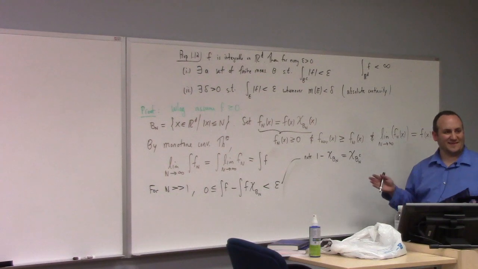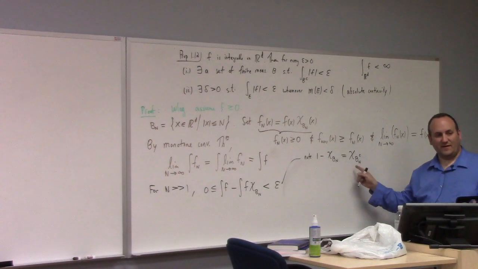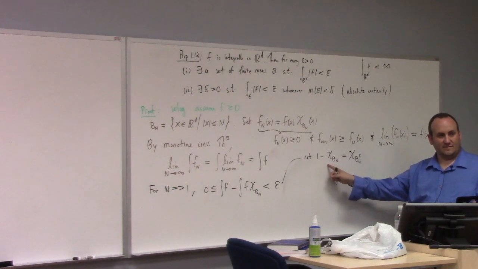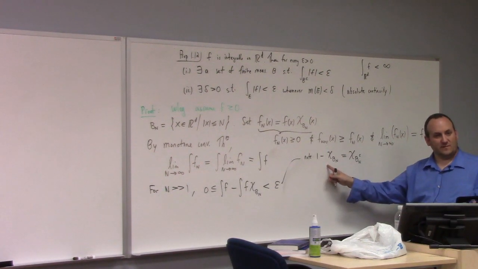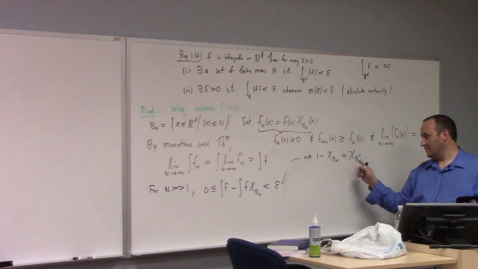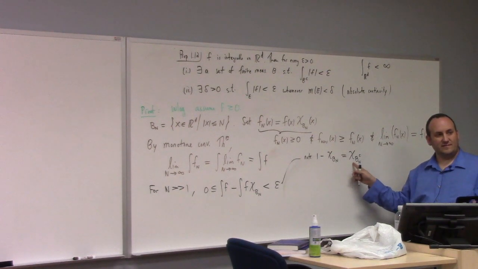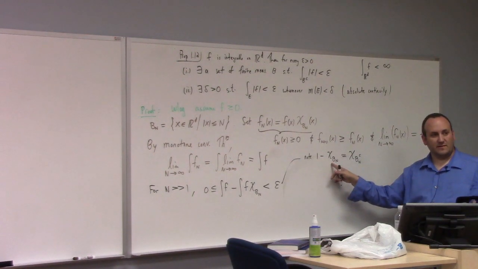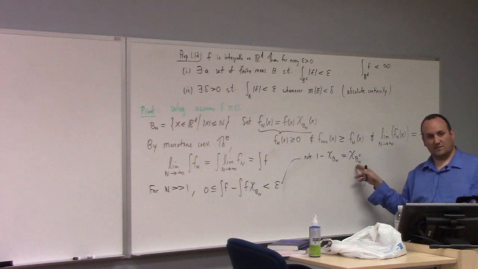Does that make sense? If you evaluate this function when x is in Bn, you get 1 minus 1, which is 0, and chi Bn complement also gives 0 because x is not in Bn complement. If x is not in Bn, we get 1 over here, and 1 minus 0 over here. So in all possible cases, these functions agree and they're equal.